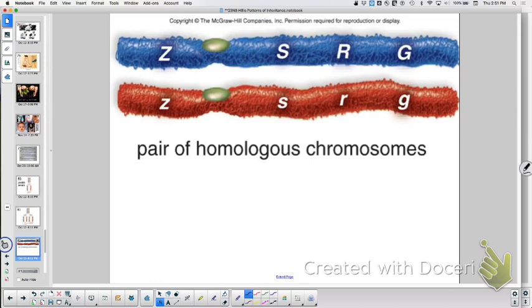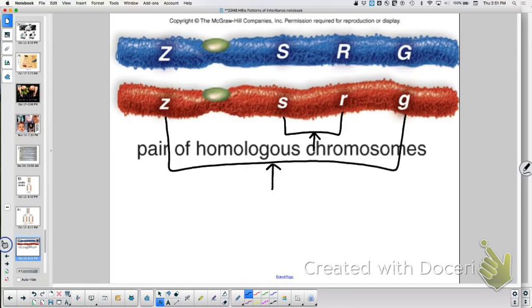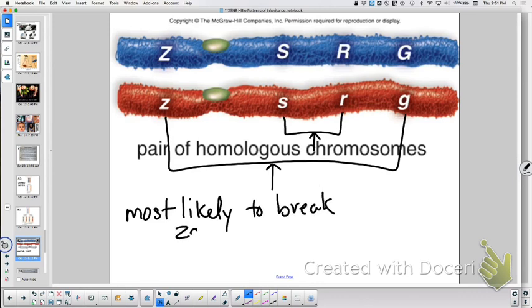If I were to compare crossing over here with crossing over here, what linkage would you be most likely to break? Would it be ZG or would it be SR?